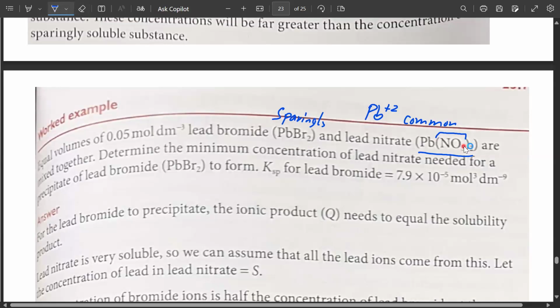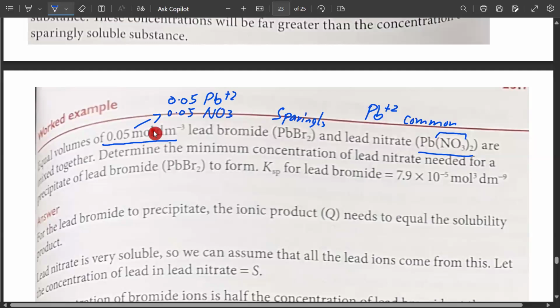Now we will find the concentration of the lead nitrate overall, that is 0.05 mole per dm cube, because this is the value for both this compound and this compound. Both have the same value. So if we apply this value on the lead nitrate, it means that you have 0.05 mole per dm cube of the lead ions and also 0.05 mole per dm cube of the nitrate ions, with 2 moles.